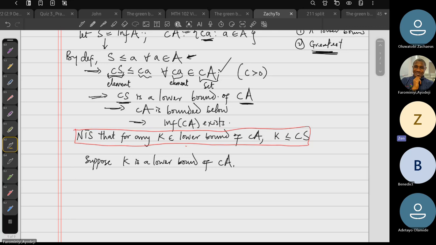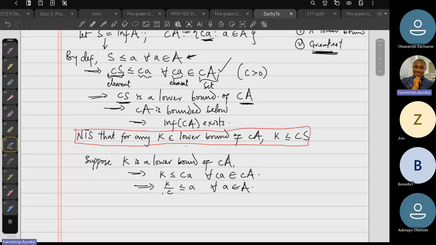It means K is less than or equal to CA for all A in A, right? Yes, sir. But we can divide both sides by C. So this implies that K over C is less than or equal to A for all A in A. Do you agree? Yes, sir.